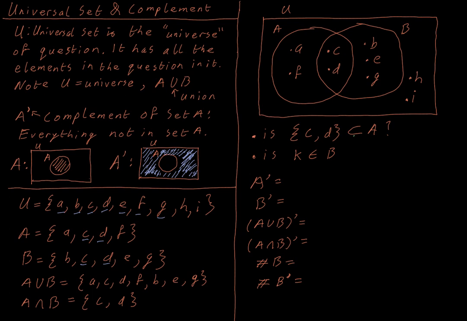Remember, our long looking C symbol is subset of A. Well, to be a subset, it means that it must have some or all of the elements of the set we're being asked about, and we can see that C and D are in A. So all of the elements in this set are in the set A. That means that would be true. So CD is a subset of A because A contains all of the elements in CD.